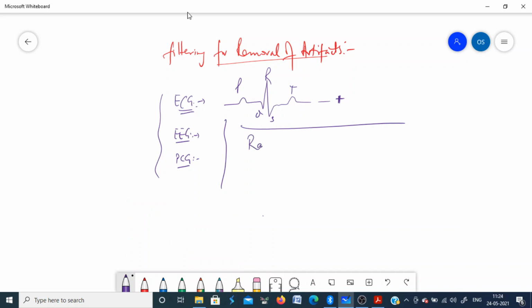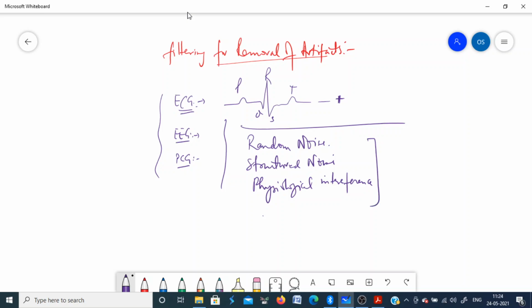One may be random noise, and you may have structured noise, and then you can have physiological interference. Okay, so these are the different classifications of the noises which may corrupt this information bearing signal.